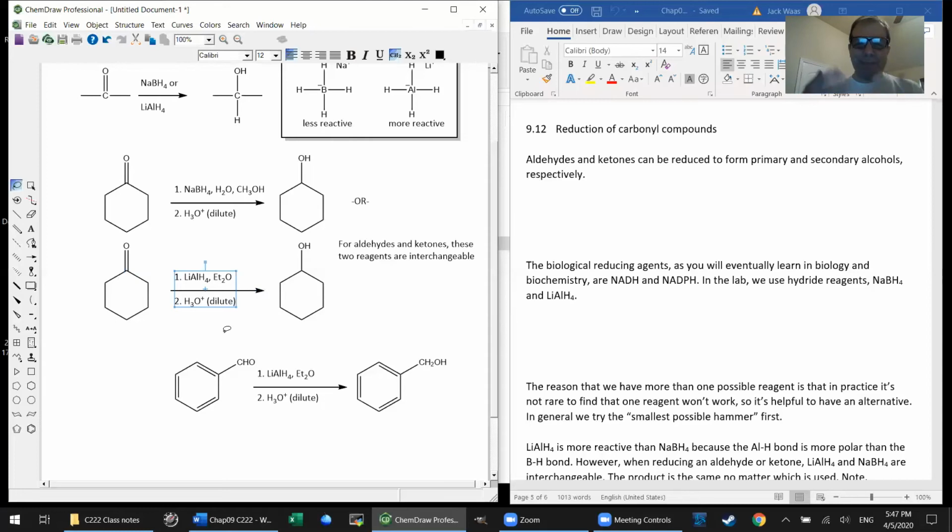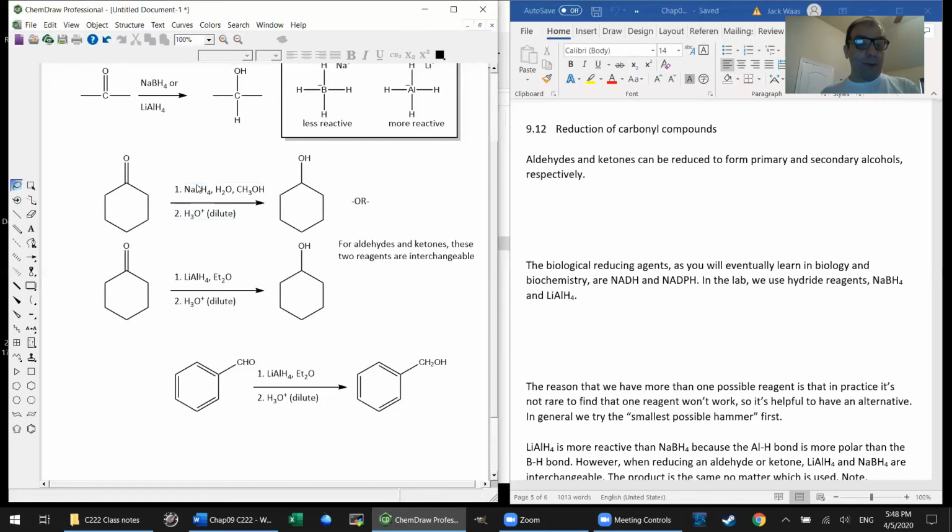You'll get some ideas of the different ways of writing this down when you compare to your book and the OWL problems, and that will give you some idea of the allowed variations, if you will. But here you can put either H3O+ or H2O. With sodium borohydride, it's less reactive, so I would rather use dilute acid with that one.